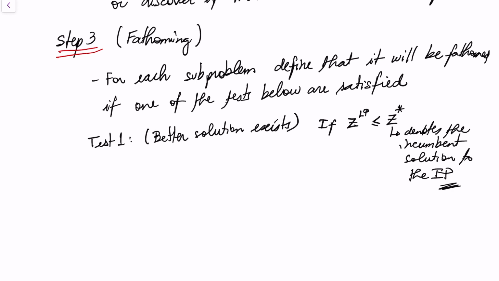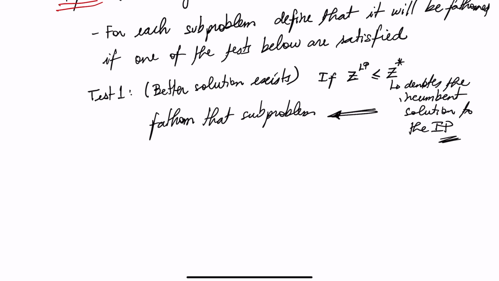And this solution is integer value. In this case, we will fathom that subproblem. What does that mean? For example, suppose that we solved this LP, and we have the solution for that LP, and we have the objective function value. However, that LP gave us a value of 13.5, right?